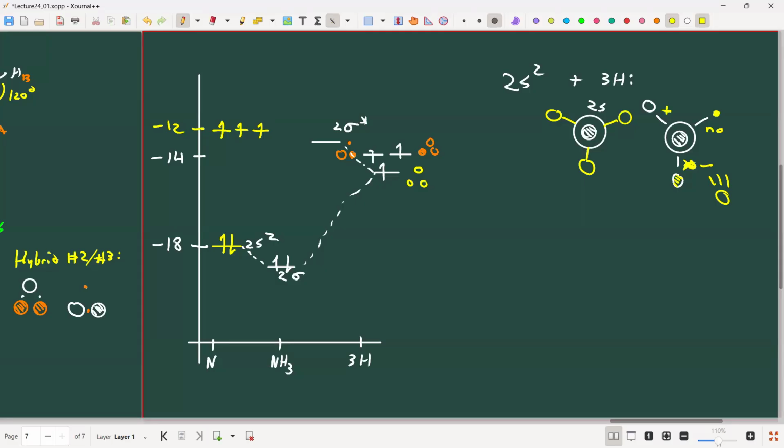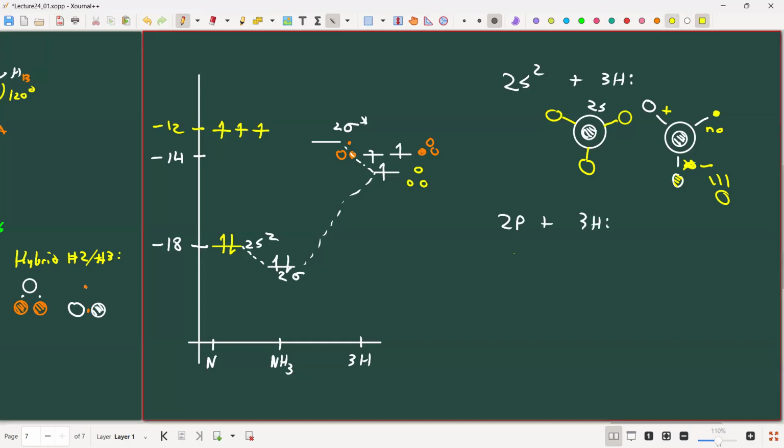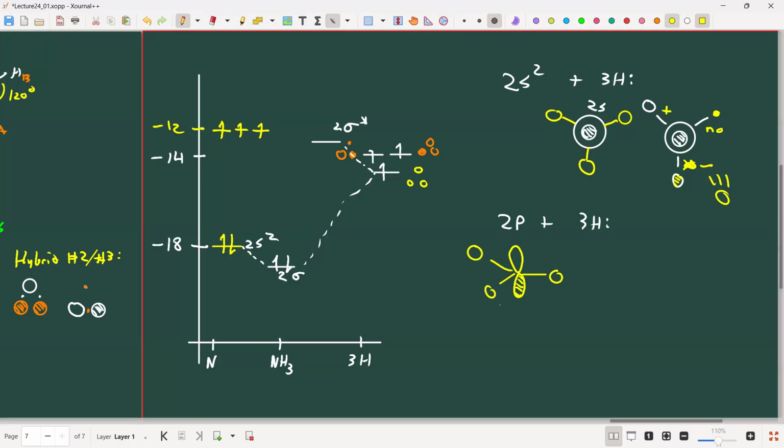All right, we're left with now the combination of the hydrogens with the p orbitals. Okay, and so what do these combinations look like? Well, one of them is going to look like this. That combination, right? That's going to be the symmetric combination of the hydrogens plus one of the p orbitals.